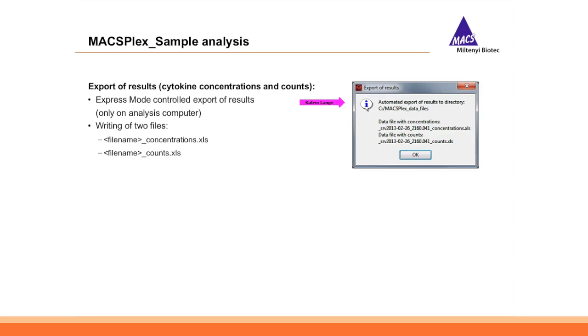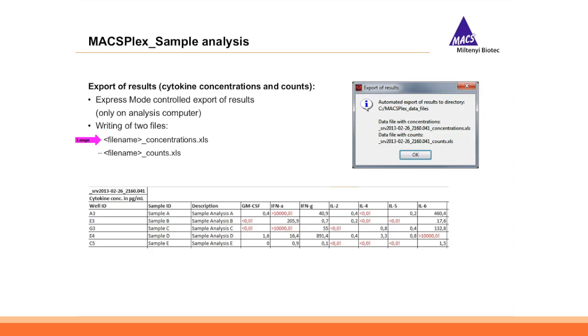This is the same directory where also the base MACSQuant data file is saved. And over here you see what data files are written. So you have the exported concentrations and the exported counts, and the name of these exported data files are created out of the file name of the MACSQuant data file and the appendix concentrations or the appendix count.